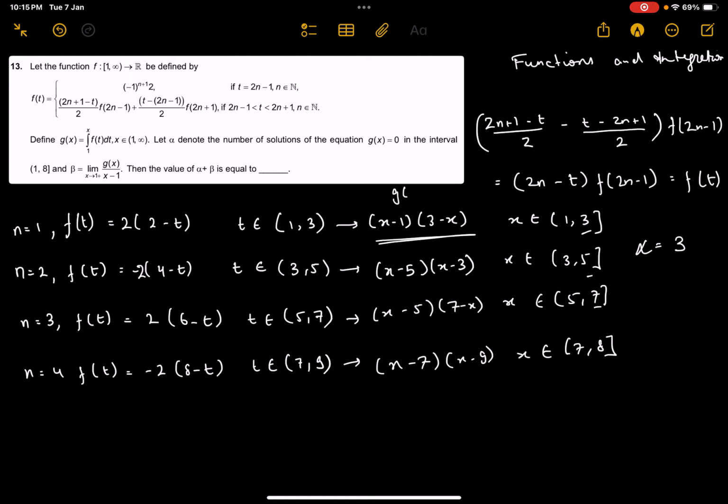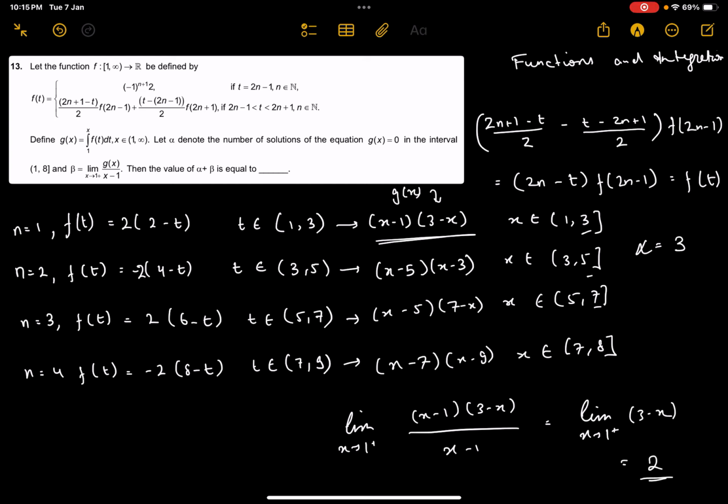So the limit as x tends to 1 plus of (x minus 1) into (3 minus x) upon (x minus 1) equals the limit of 3 minus x, which equals 2. That gives us beta is 2, then alpha plus beta is 5.